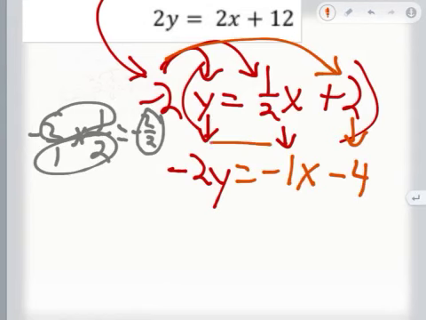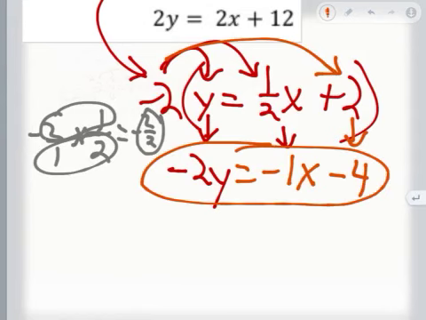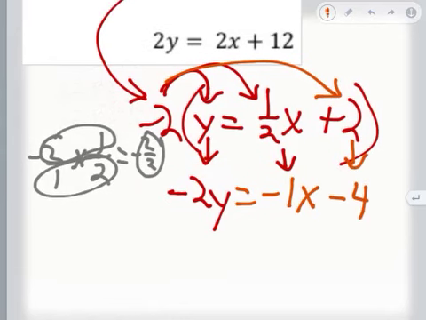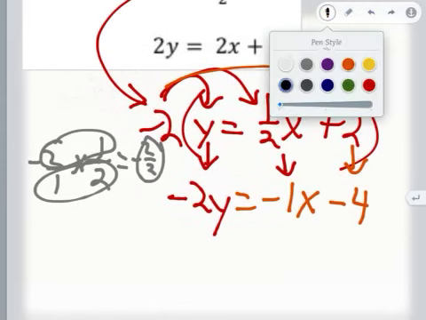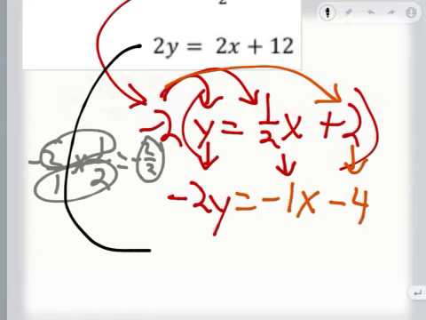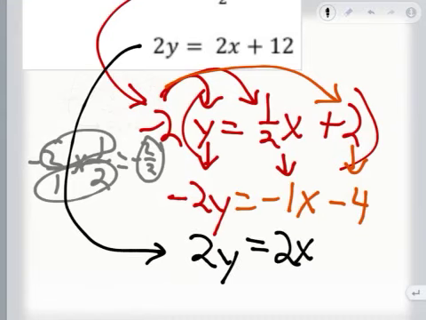So now I've got an equation that is the way I need it to be. So I'm going to come back up here. I'm going to take this second equation and write it down here with this one so that they're lined up, ready for me to combine them. So we had 2y equals 2x plus 12.